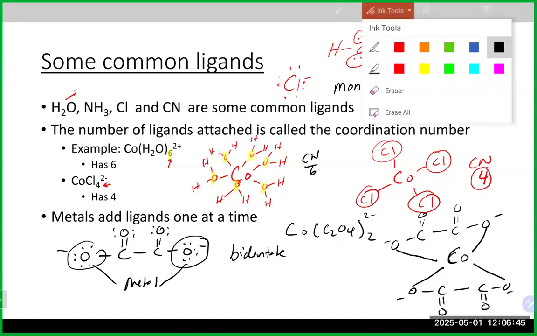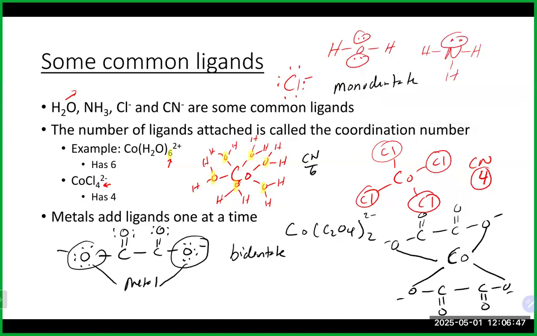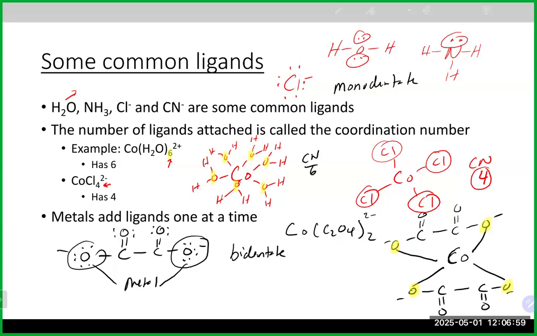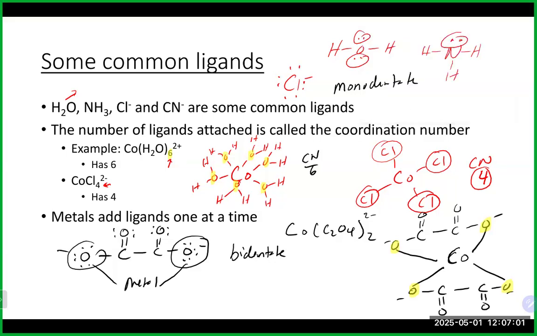So when we look at this situation, there's 1 oxygen, 2 oxygens, 3 oxygens, and 4 oxygens attached directly to the metal. That means the coordination number here is not 2. It would actually be 4 in this case.